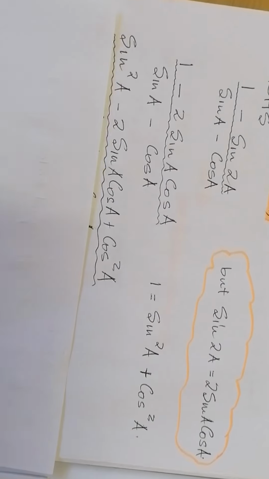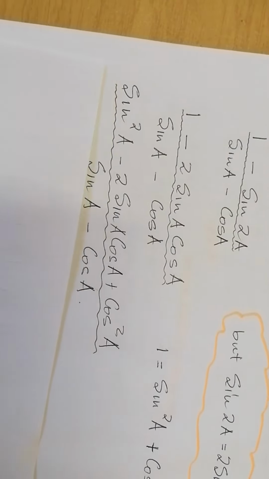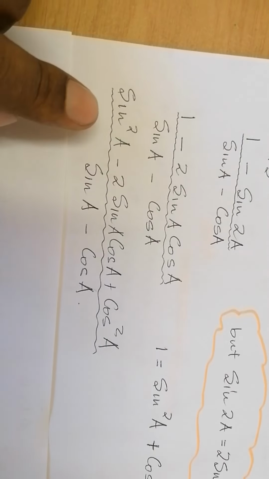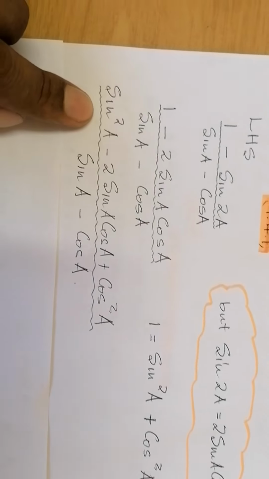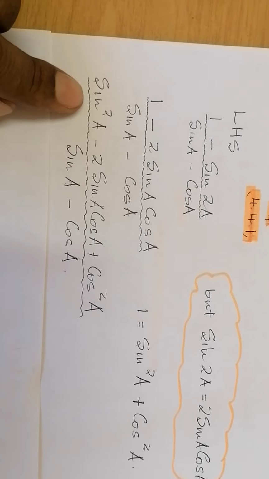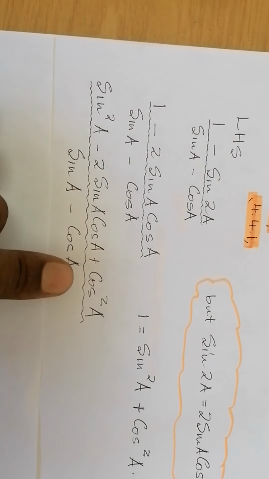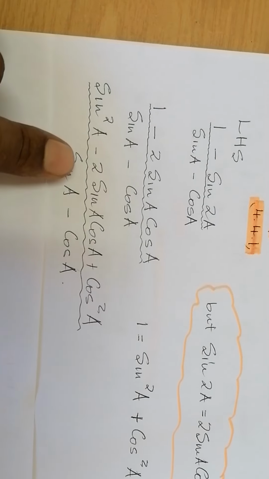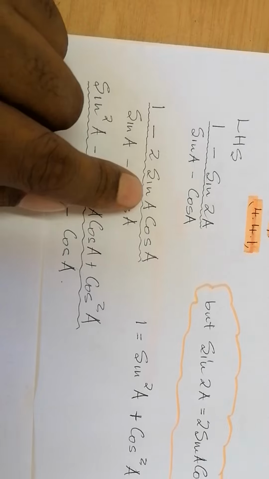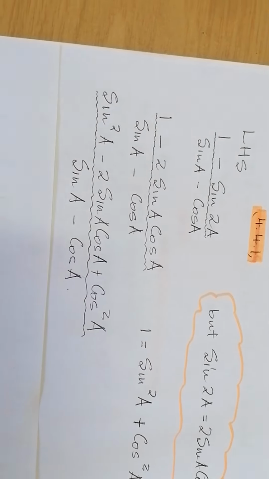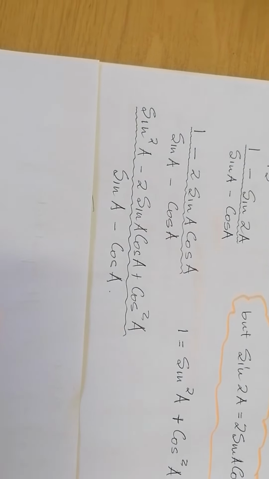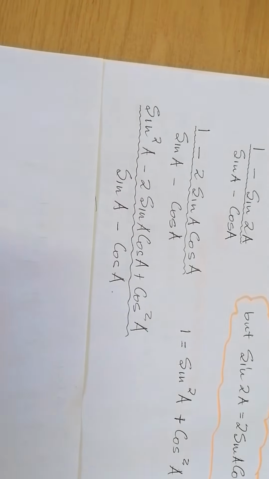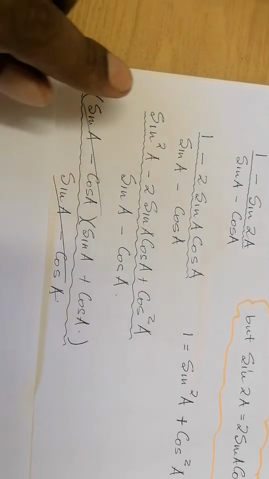Next step, I did exactly that. I substituted 1 by its identity, which is a square identity. There's sine squared a, there's cos squared a, sorry. But you see this one still there. Now from there, I can see that this can be factorized. I factorized it.